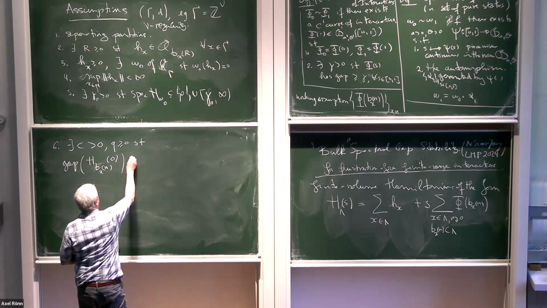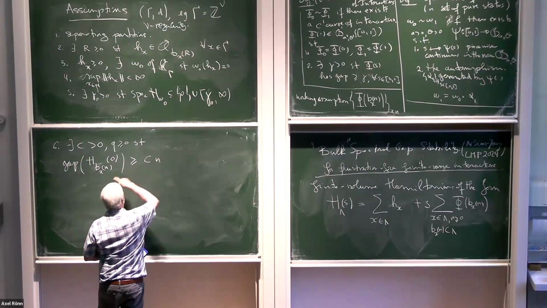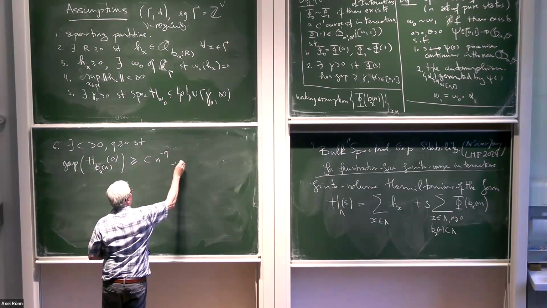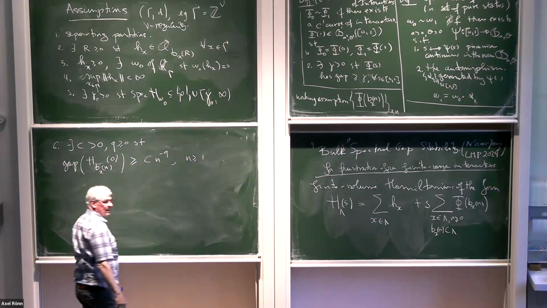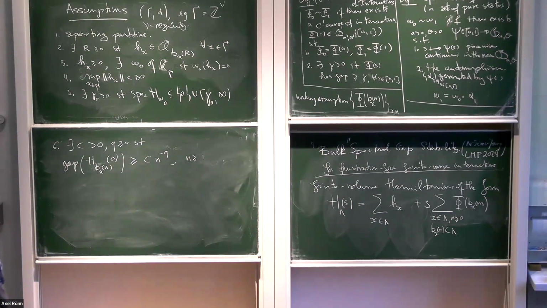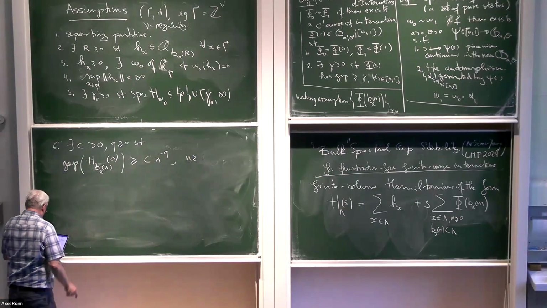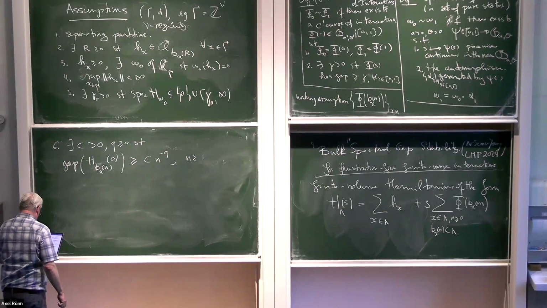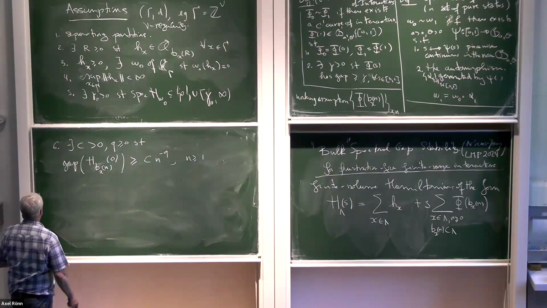It may vanish, but not too quickly as the radius of the ball increases. Only as a power, any power will do. So typically, that's what you have when you have edge modes.